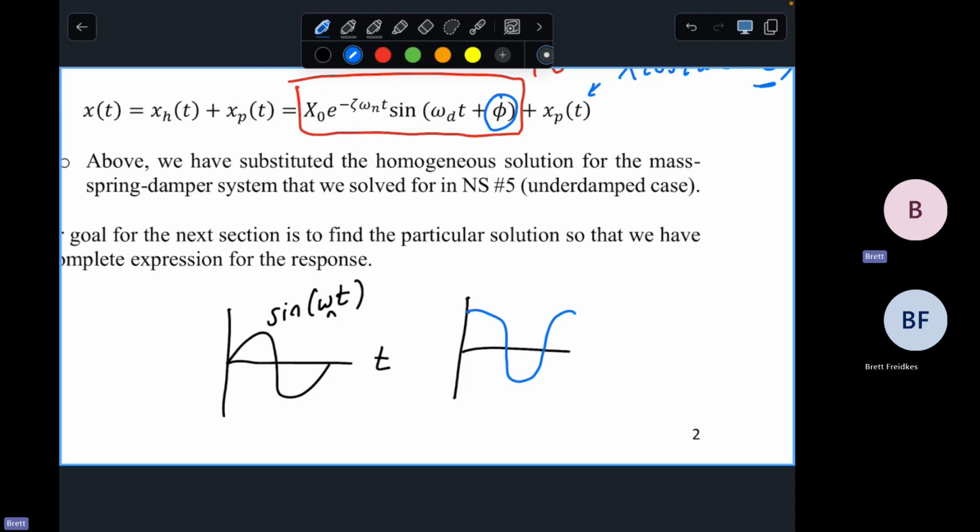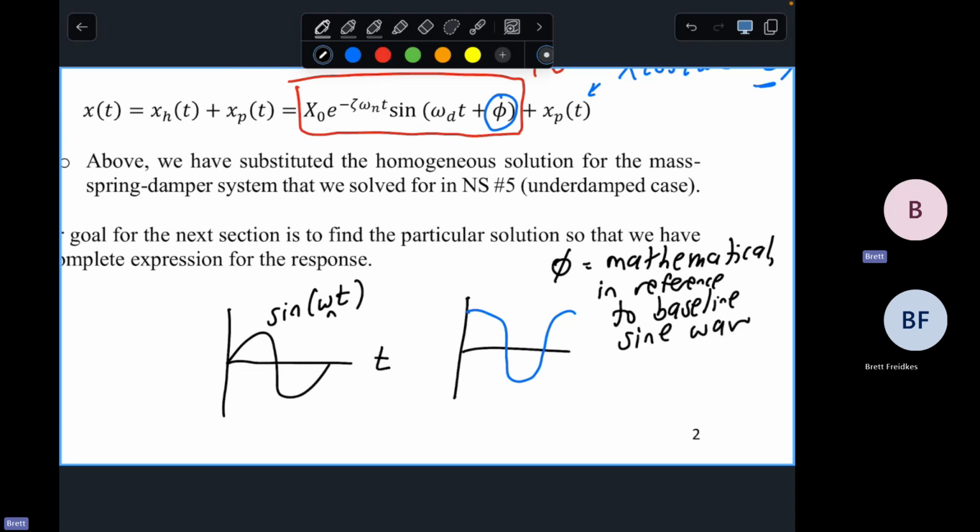Again, it's just in reference to this baseline sine wave. So phi is very mathematical, in reference to the baseline sine wave, which is that. That's the baseline sine wave.